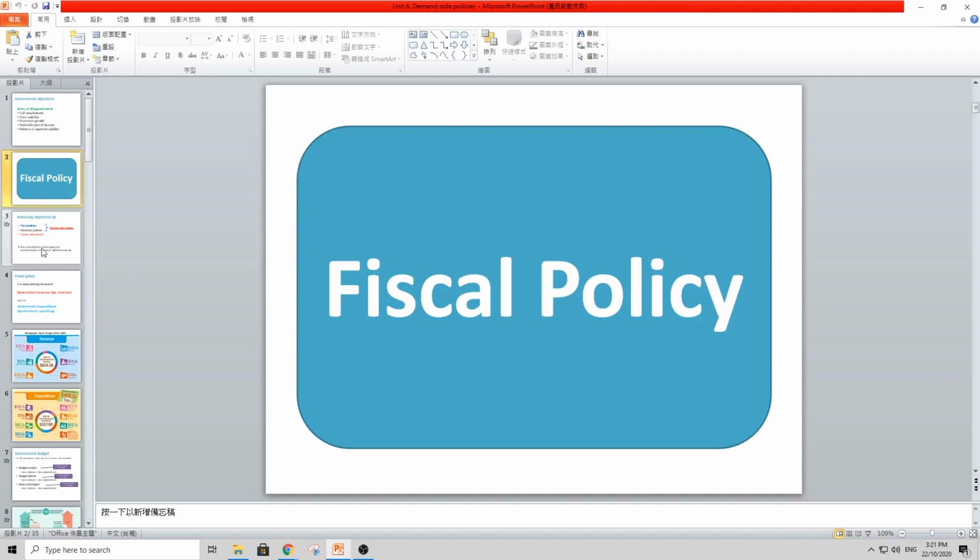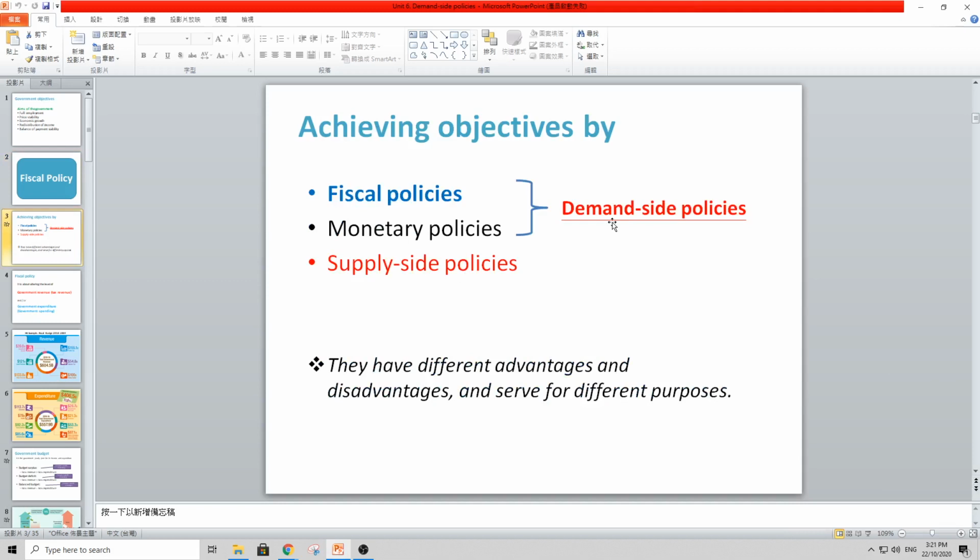Fiscal policy, and just a quick recap right here. With fiscal policy, we always focus on the demand side. And you guys did answer the question: on the demand side, we are always trying to do something in order to change the AD. So that's demand side policy, and fiscal is just one of them. There will be some tools that we are going to use in fiscal policies which will affect the AD.